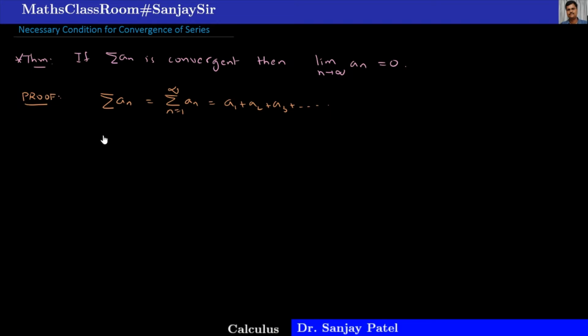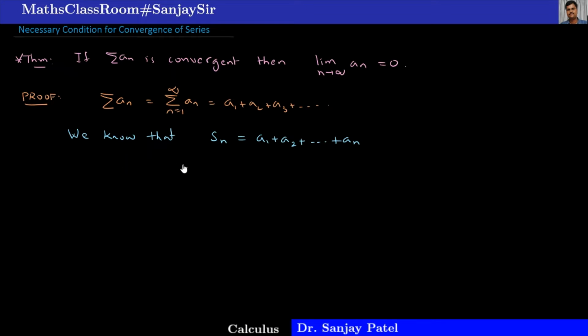And what is the partial sum? We have already defined the partial sum Sn, and that is nothing but the sum of the first n terms of the given series. So Sn is equal to a1 plus a2 plus a3 up to an.